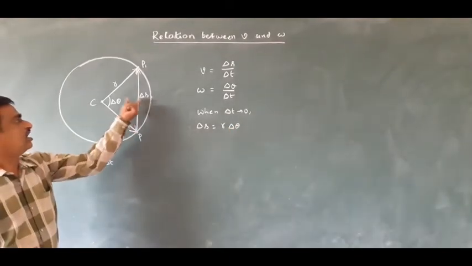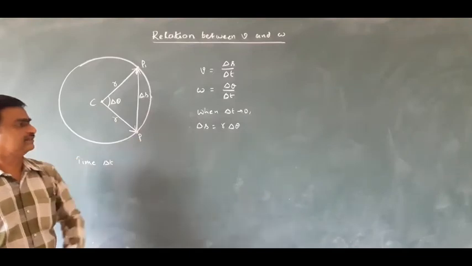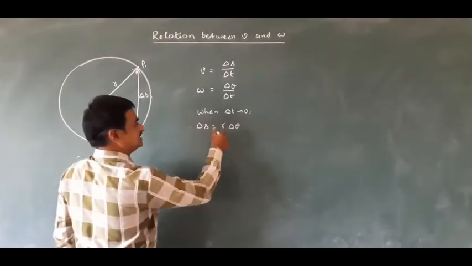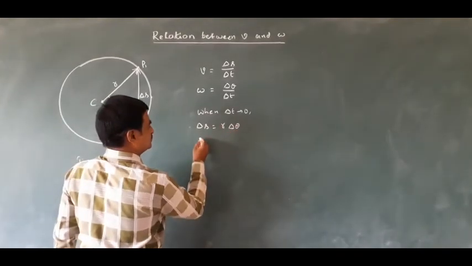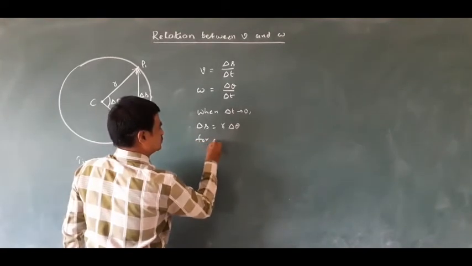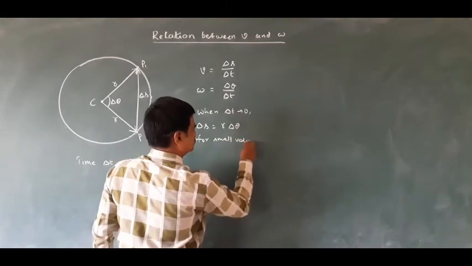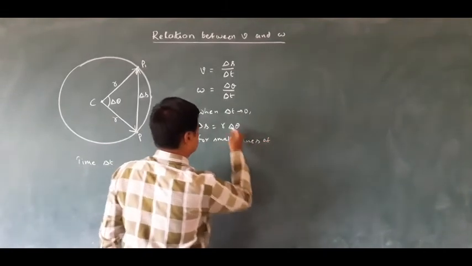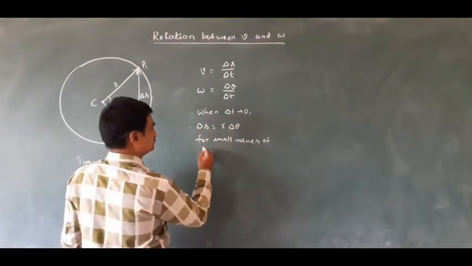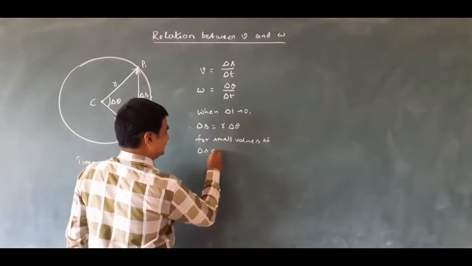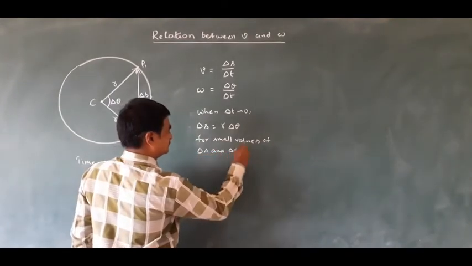This is for small values of delta s and delta theta.